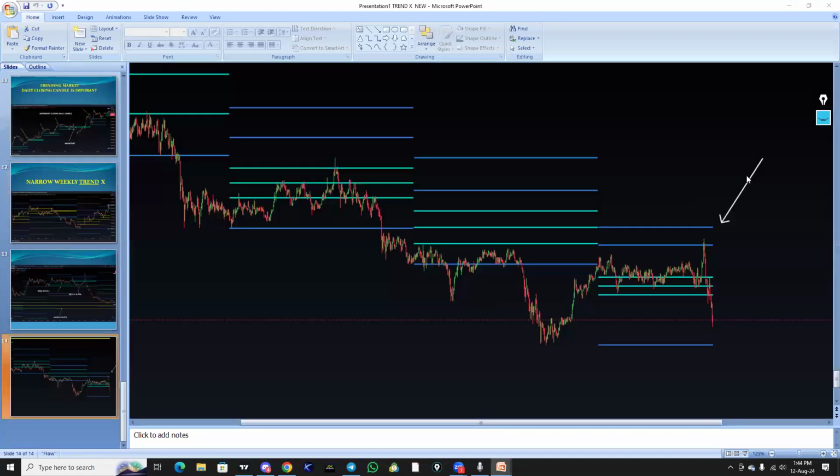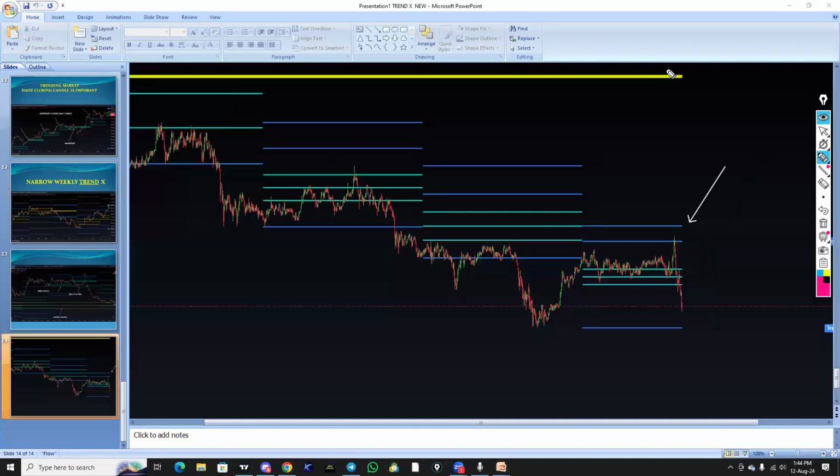So now just remember like this. When candles are below weekly, our first trade will be from daily trend X. If candles are going above trend X, then R1 and previous day high. This is our area to look for short positions.